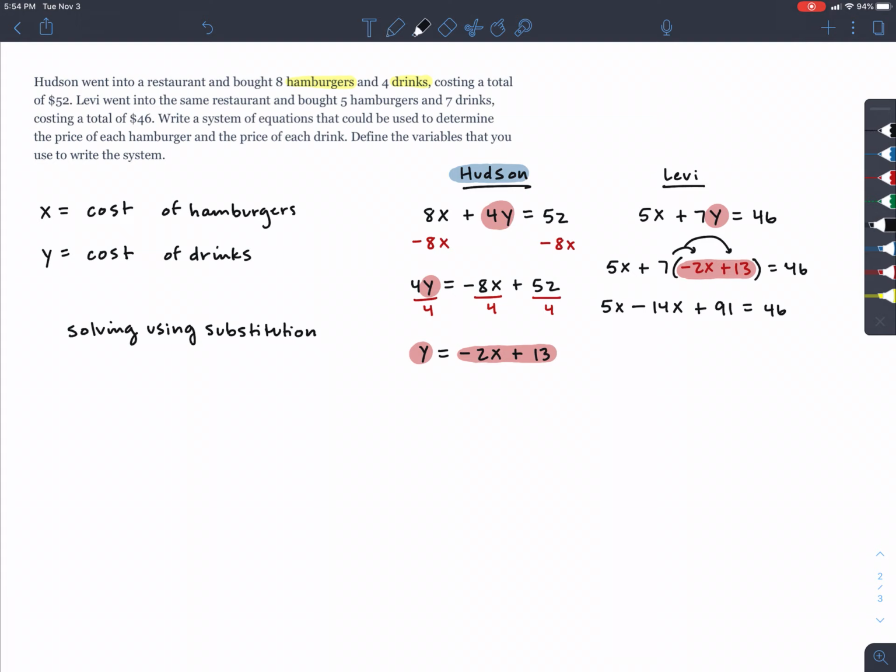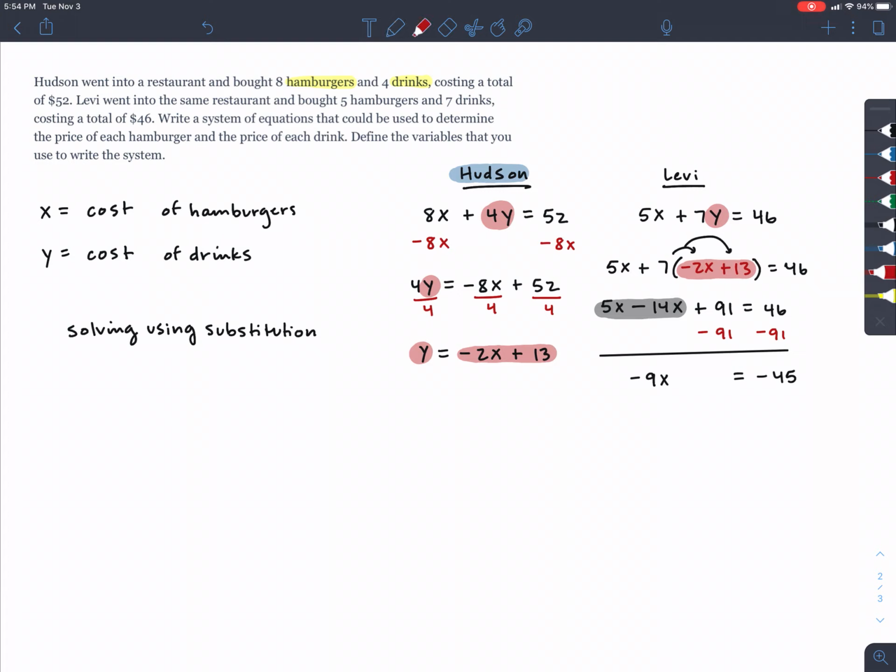I'm going to combine some like terms, so I have those there, and I can also subtract 91 from both sides. Five minus 14 is negative 9x, and 46 minus 91, negative 45.